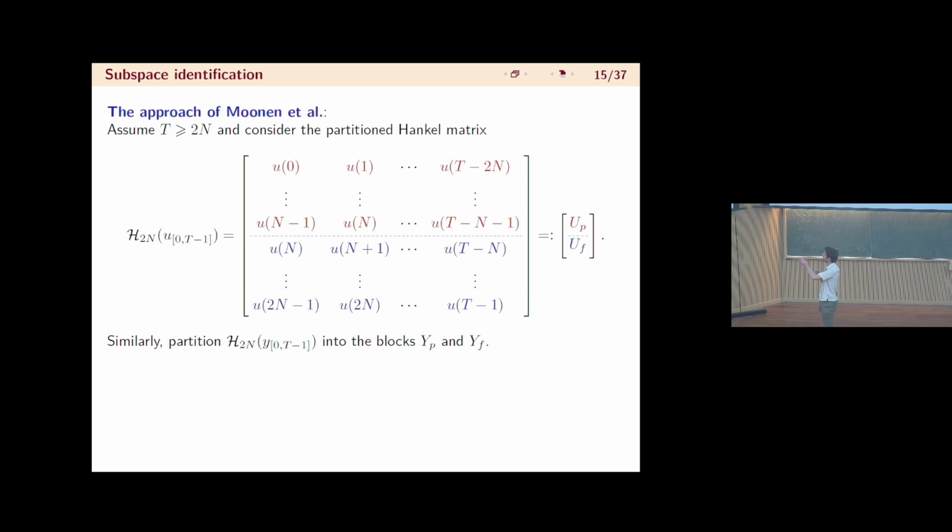The first n block rows I call UP, here highlighted in red. So this matrix at the top is called UP. This matrix at the bottom, the rest of the matrix, is called UF. So I simply partition the input Hankel matrix in 2 blocks. Similarly, for the output data, we construct the depth 2n Hankel matrix, and we also partition that Hankel matrix. The blocks I call YP and YF.